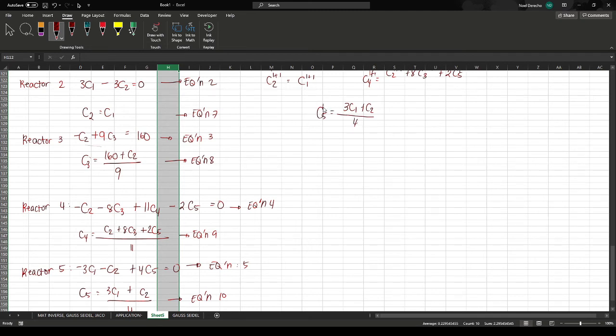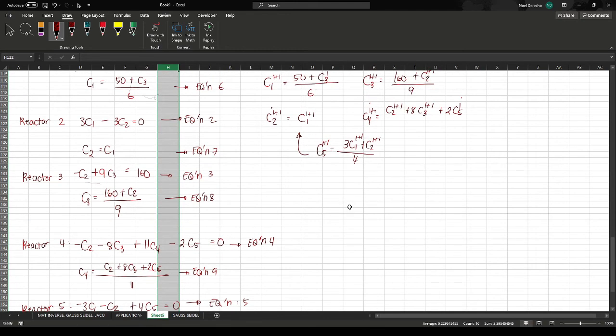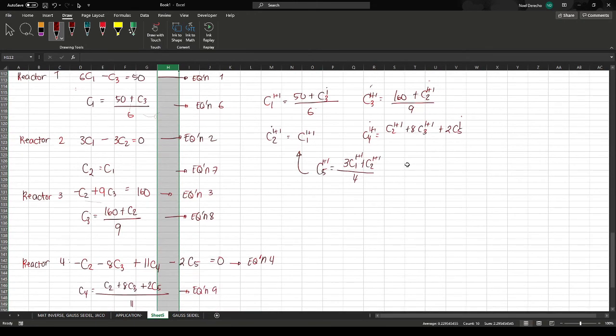So this is I plus 1, this is I plus 1, and this is I plus 1. Notice in your second equation, C2 equals C1, so we can combine this. You can do it in the iteration equation, but C4 is over 11.